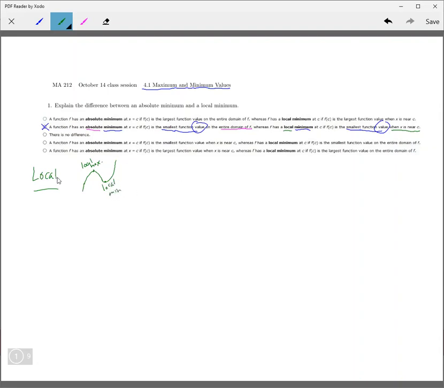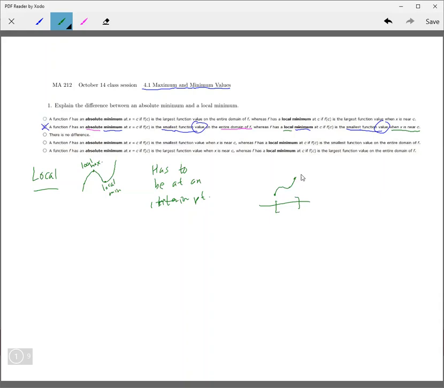For it to be a local something, it has to be at an interior point. For example, if your domain goes from here to here, then these are not local. That's not a local minimum, and that's not a local maximum.